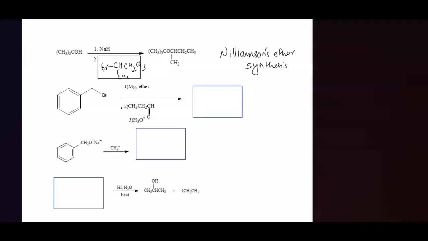The next reaction is a Grignard reaction. The first step is formation of the Grignard, and then reaction of the Grignard with an aldehyde, followed by protonation. That should give you a product of this type.